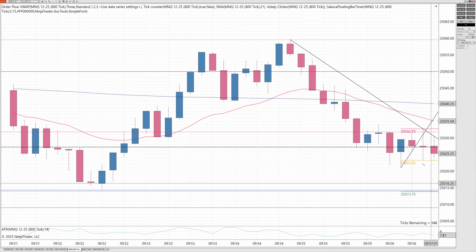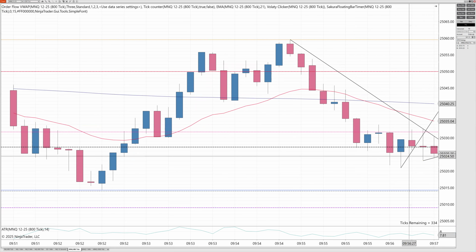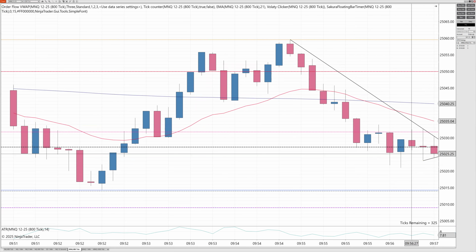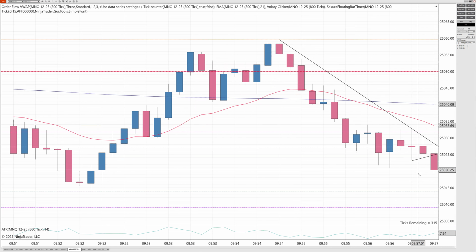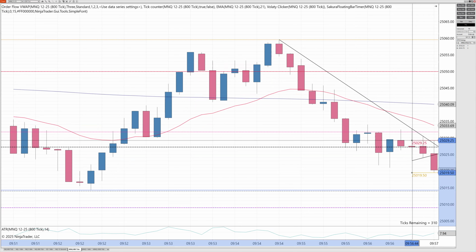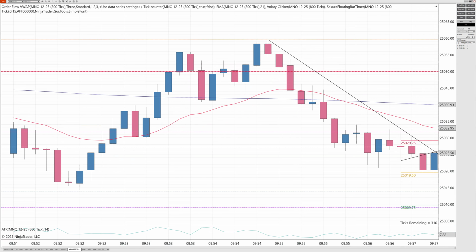It didn't end up triggering. But now you have this big bearish candle here. It didn't trigger. You have a double bottom.